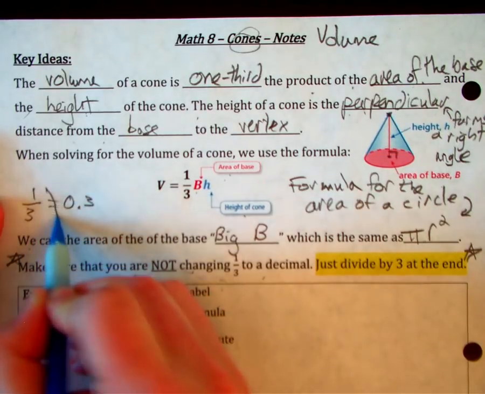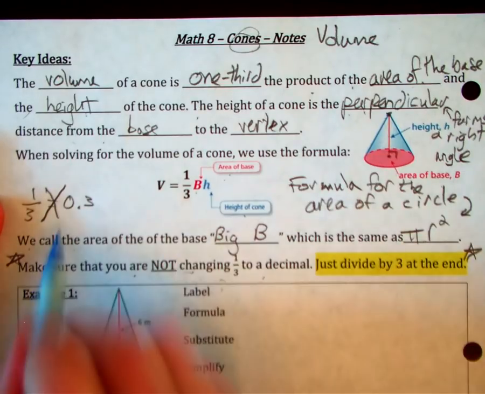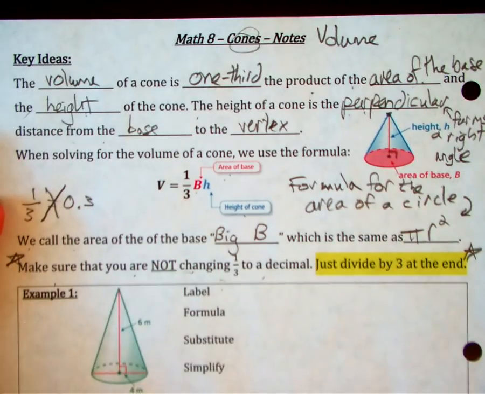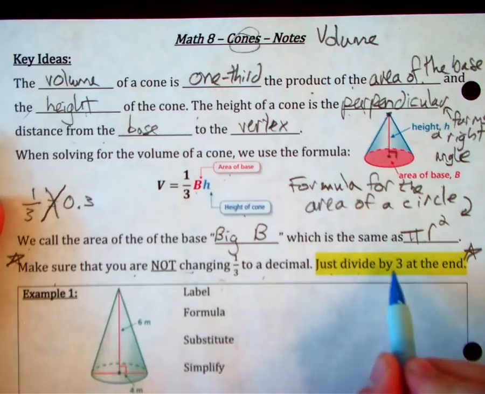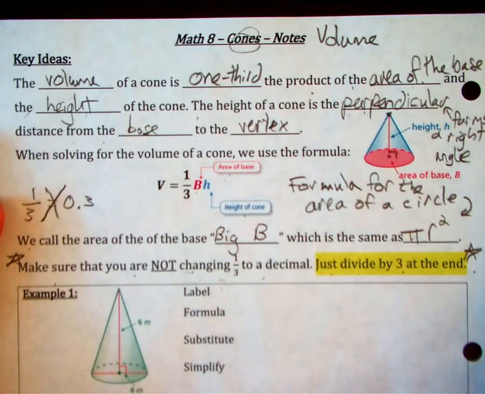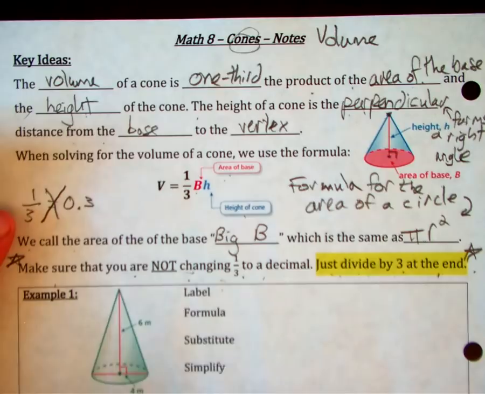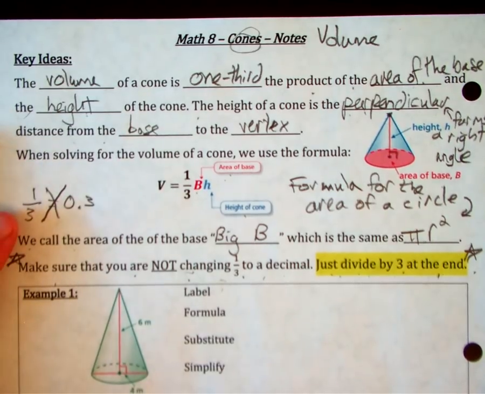This is completely incorrect, and I will mark it wrong if you put that. Please just divide by 3 at the end, and I'll show you an example of what I'm talking about. So again, make sure that you're not changing 1/3 to a decimal, just divide by 3 at the end. If you have any questions about that, please just pause, raise your hand. I'm here to assist you.